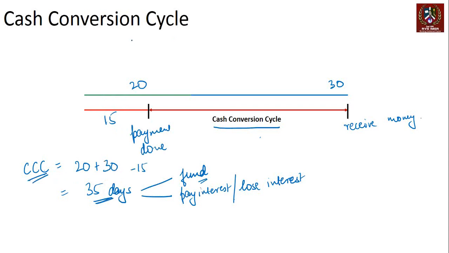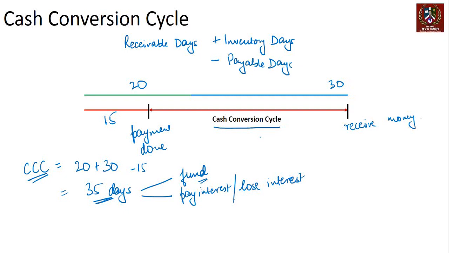So how do we calculate cash conversion cycle? We are adding accounts receivable days and we are adding inventory days, right? That's the amount of time from your buying the goods to your selling the goods and recovering the money. And from this, you subtract the payable days, right?